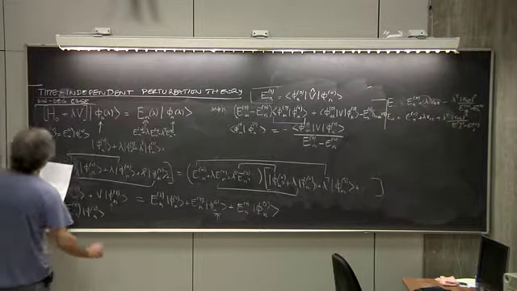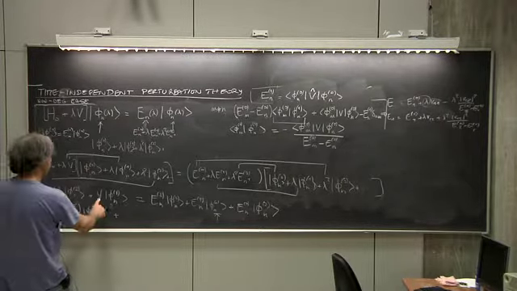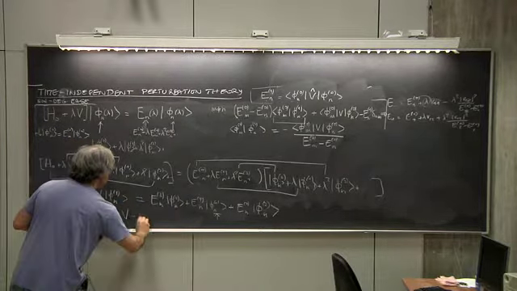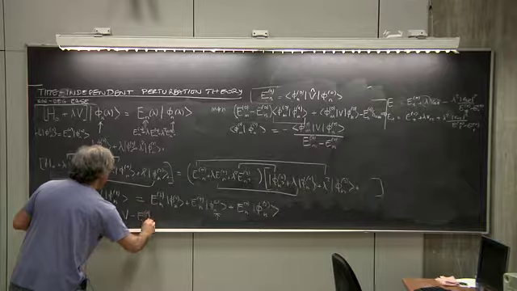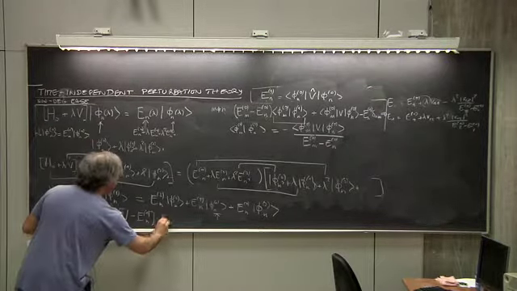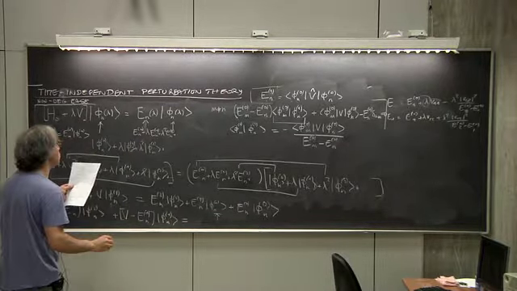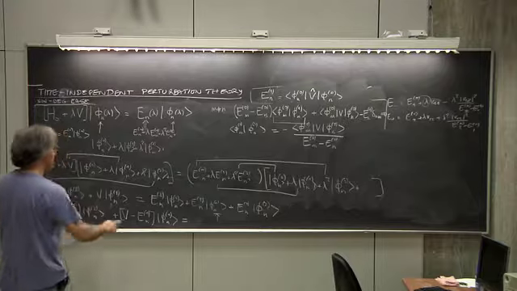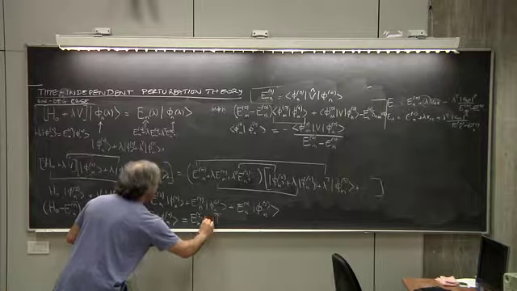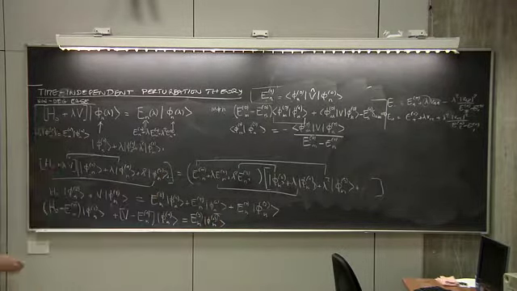Then I have first order terms, which are V minus, I bring this on this side, E1n times phi 1n. Okay? All this should be equal to E2n phi 0n. Okay?